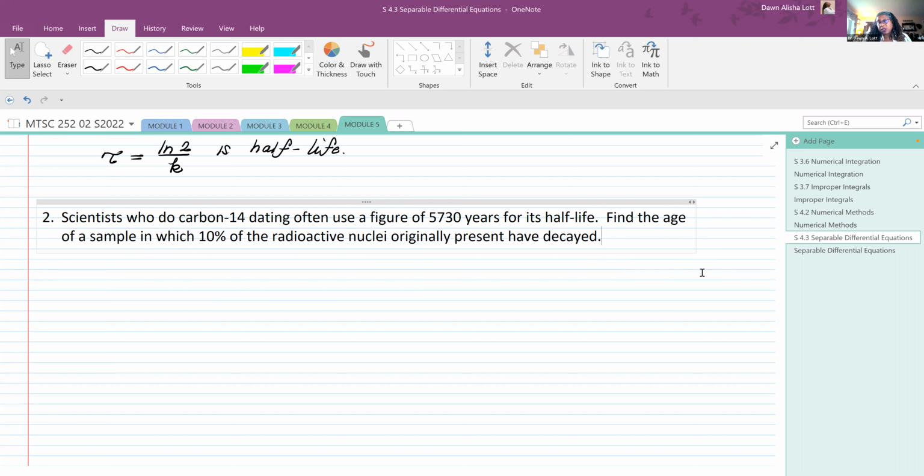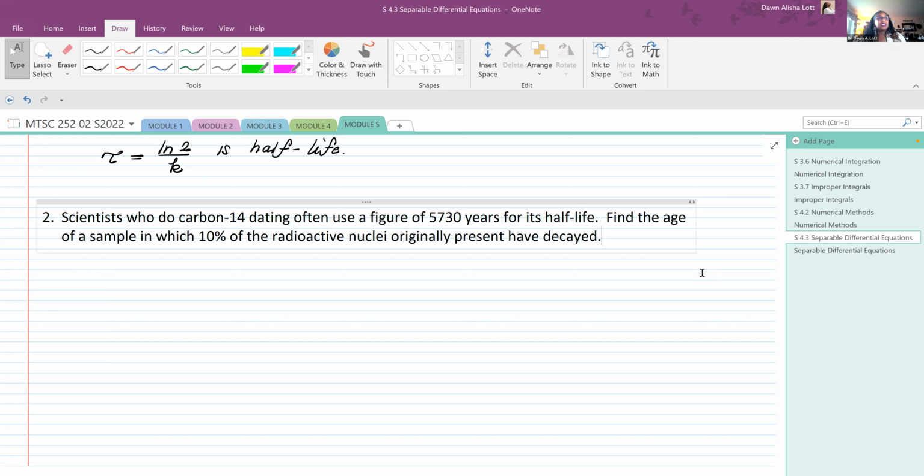And obviously they can get an idea of how old it is by using carbon dating. Scientists who do carbon dating often use a figure of 5,730 years for its half-life. So whatever it started with, it will take that many years before it has half the carbon in it that it started with.